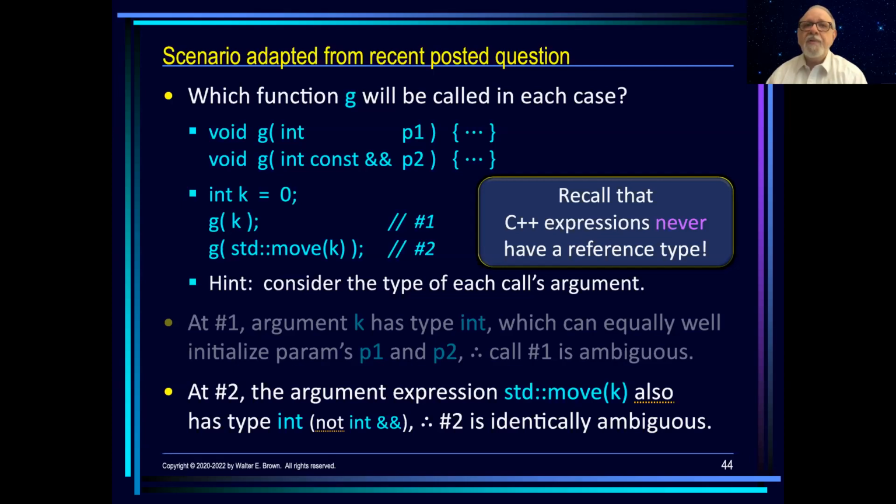So the type of an expression is never a reference type. The reference type can affect the value category of the expression, but it still does not have a reference type. So I hope you found that one interesting as well.